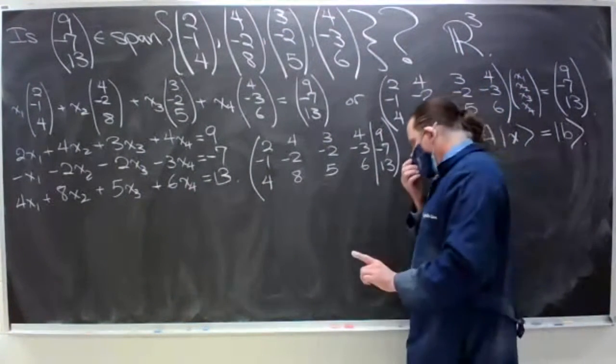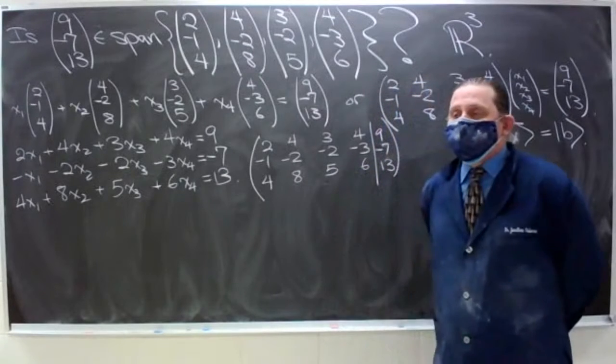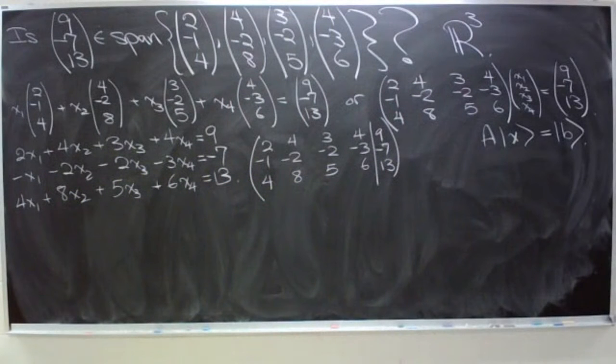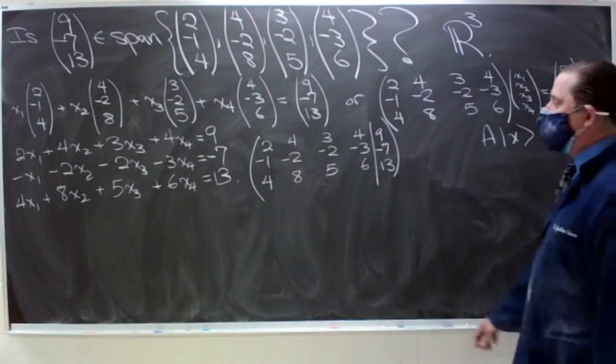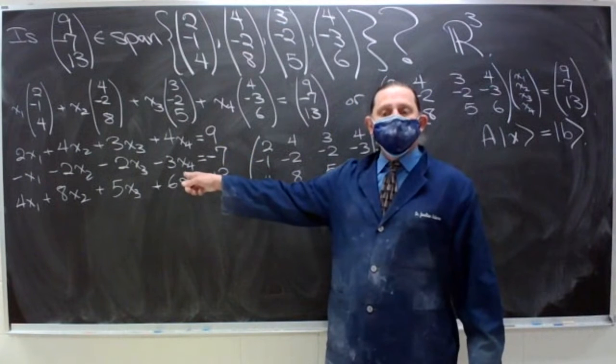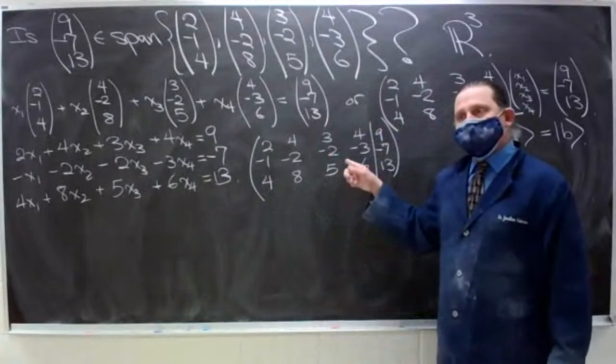All right. Now, it's important for us to remember in what follows that each of these rows represents one of these equations. So anything that I could do to this system of equations, I can do to these rows.